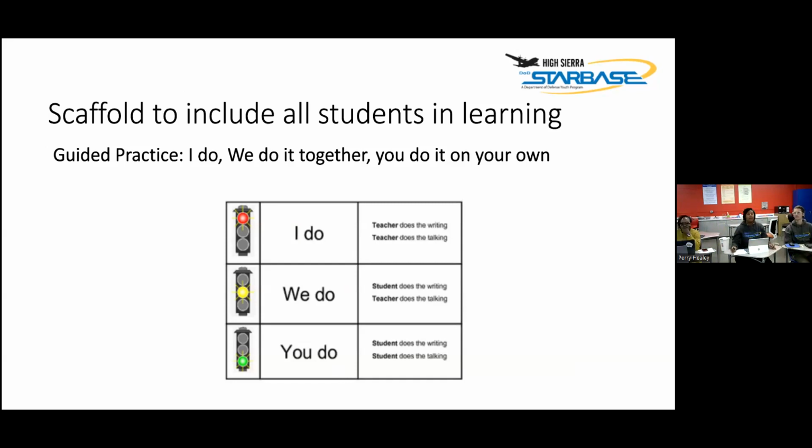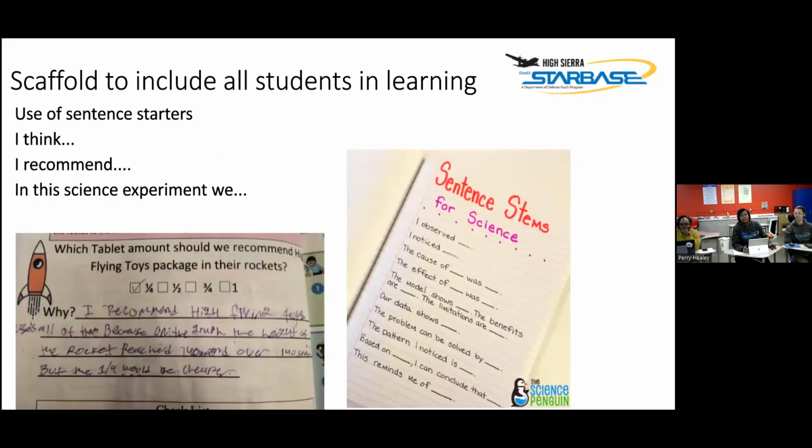Okay. Another scaffold that you can do that includes all of your students in learning is using sentence starters. If you want your students to be successful in their writing, you can set them up for success and give them sentence starters. Like before, you can have them say, I think, so that you can help them think about what they want to write about.